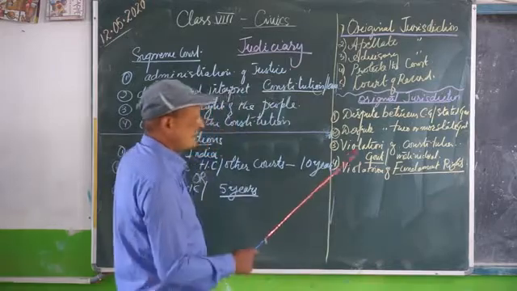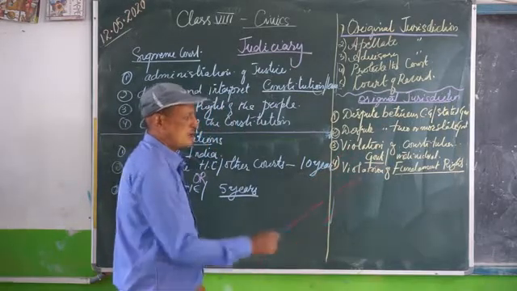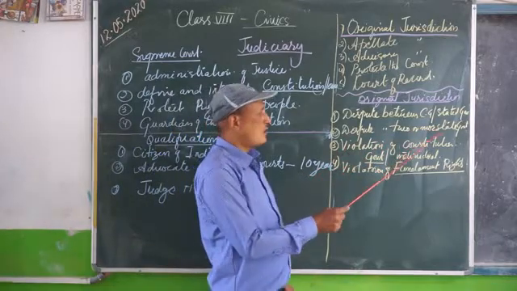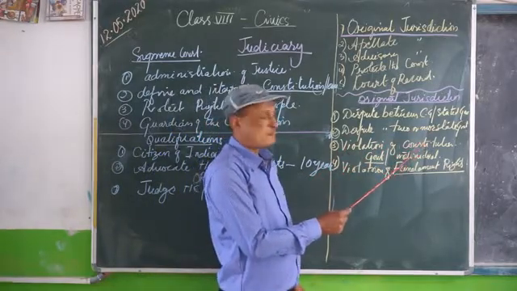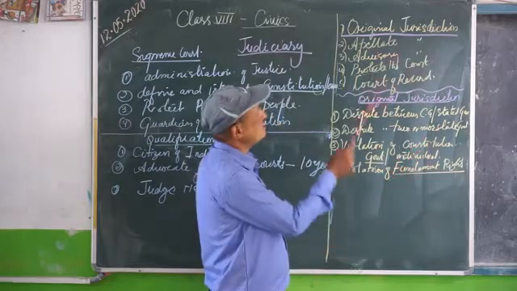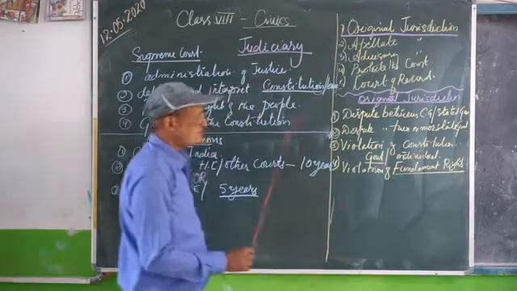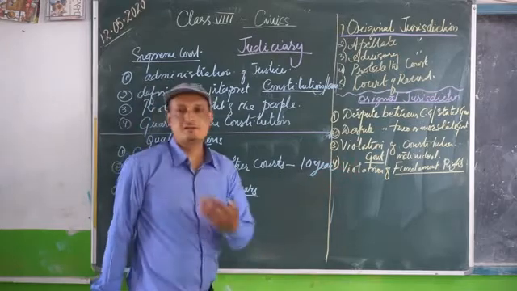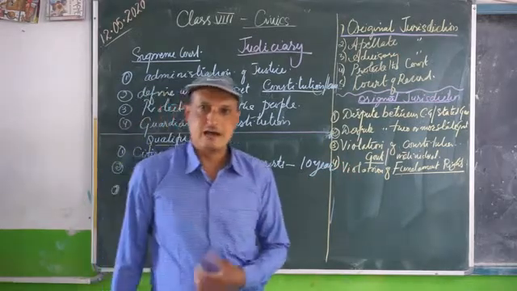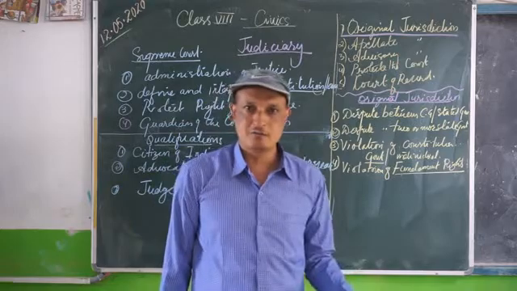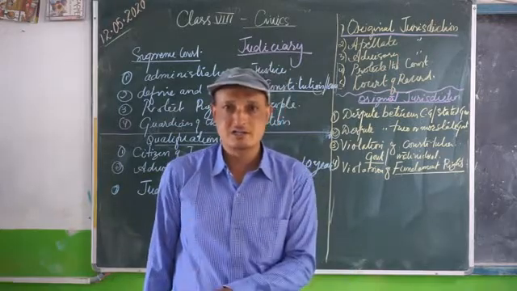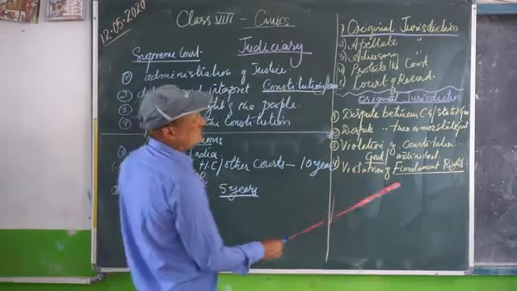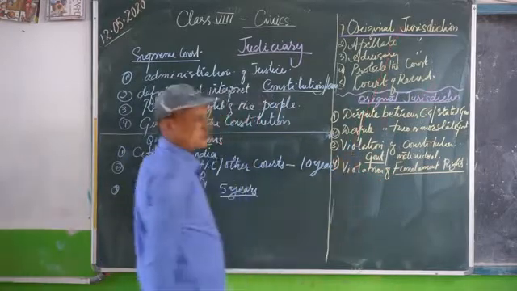Next one, if a government or any individual violates the Constitution or goes against the Constitution, then that type of case can originate in the Supreme Court. The fourth one is, if the fundamental rights of an individual have been violated either by the government or any other organization, then that case can originate only in the Supreme Court.